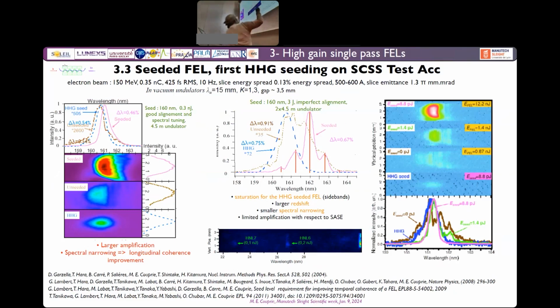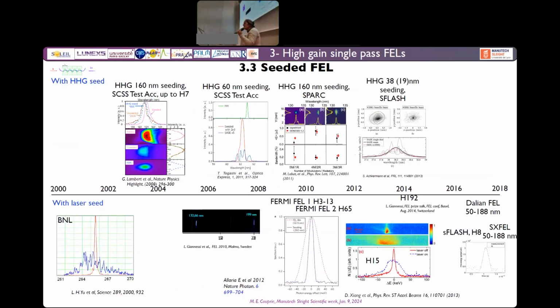We also looked at the seed intensity which is needed. For seeded FEL, we have the following evolution. If we use HHG seeding, we have this first result on the SCSS test accelerator in Japan.